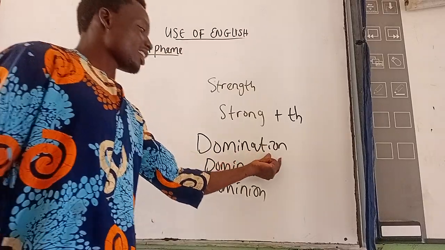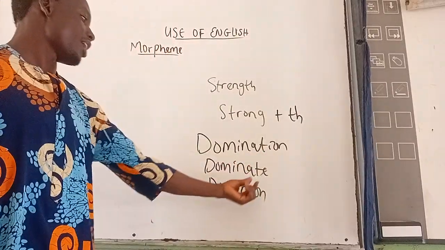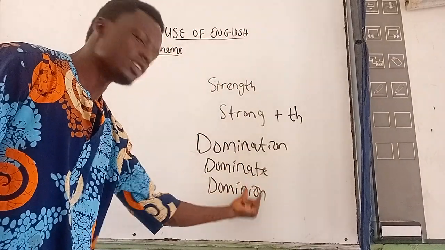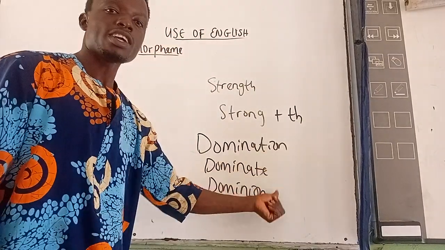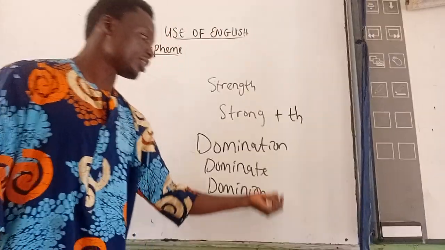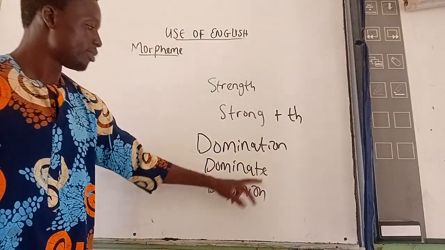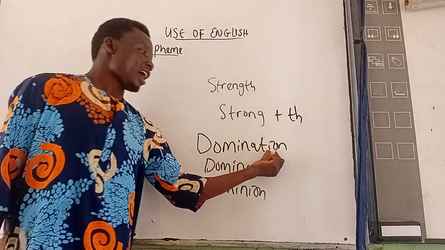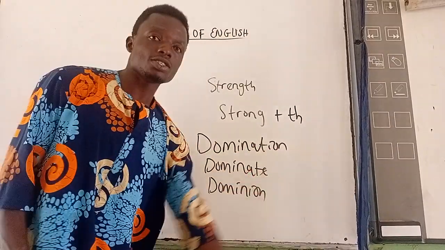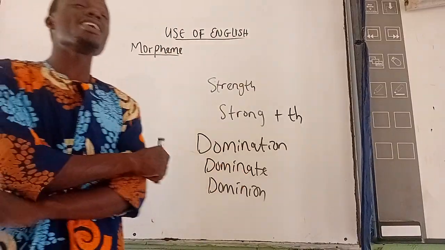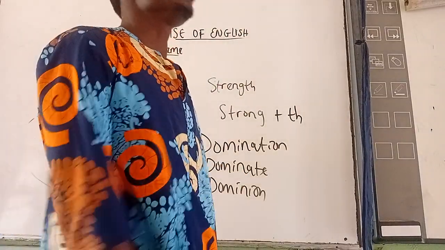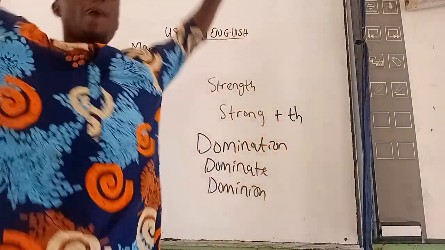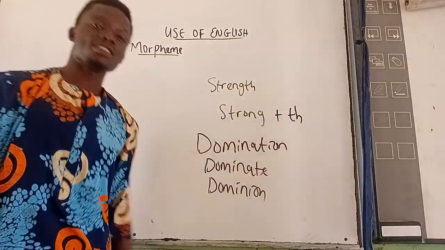Now, the fact that I remove, or I replace something from here to here, it's like a replacive morpheme. From here to here it's like inflection, you just add something like that. But here I replace letters rather. So now, if the meanings of these three are entirely different, maybe they are not talking about ruling or having power over something, then we cannot say it's three morphemes.